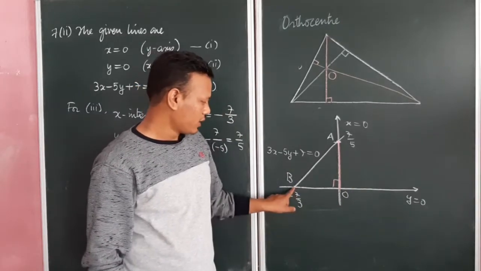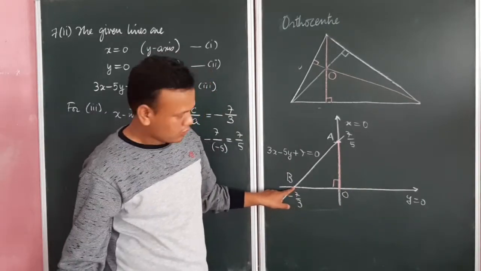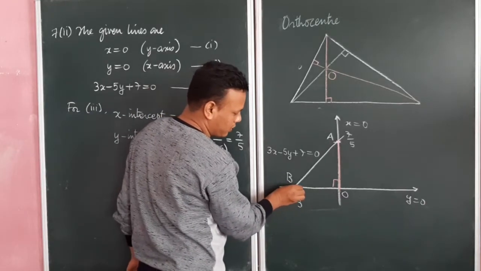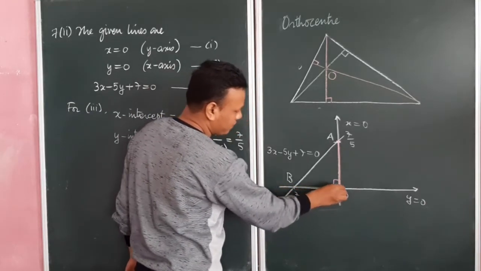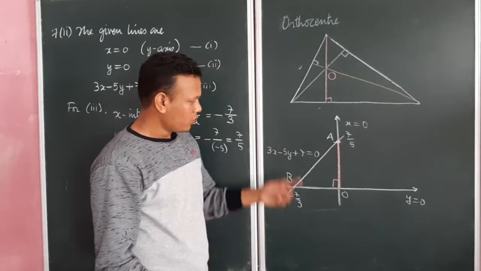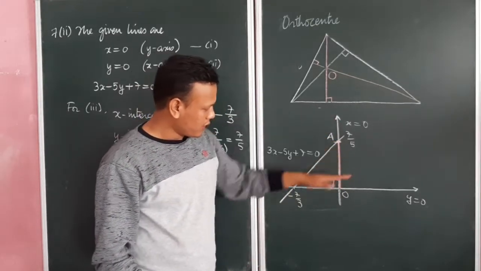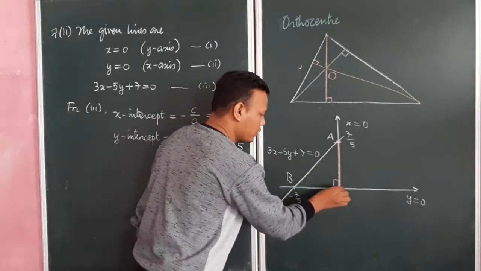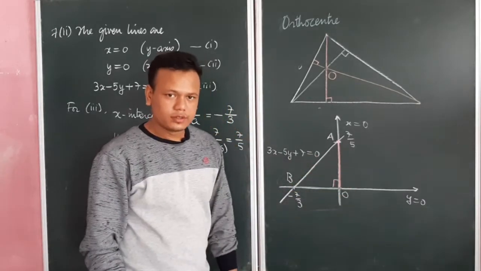Let me take another vertex B. From vertex B, let me draw a perpendicular. Again, the perpendicular lies exactly on this line. You can see that both of these perpendiculars get intersected at the origin, isn't it?